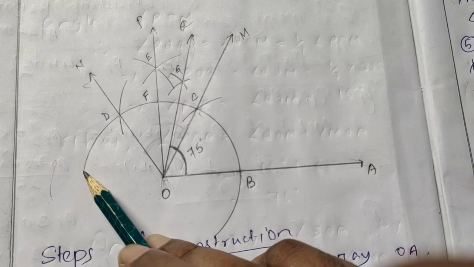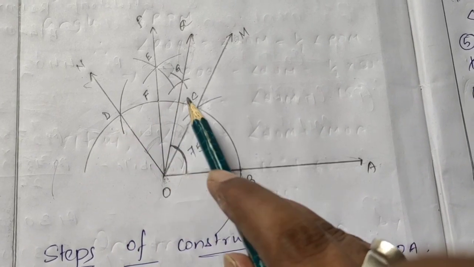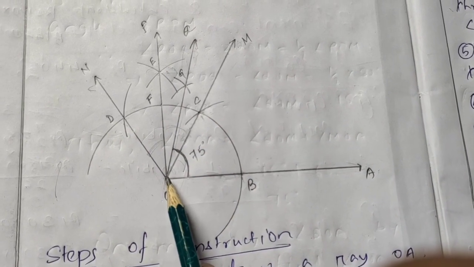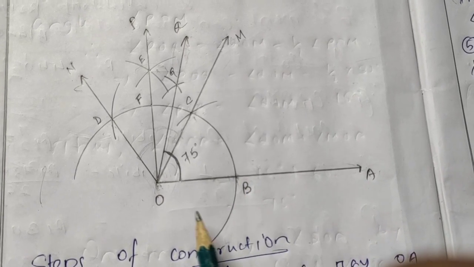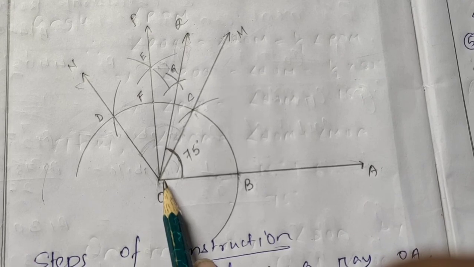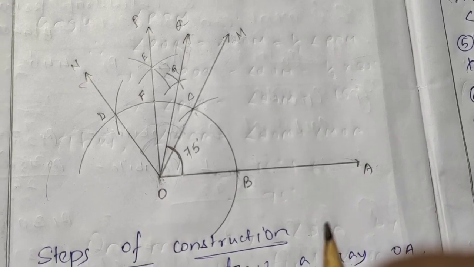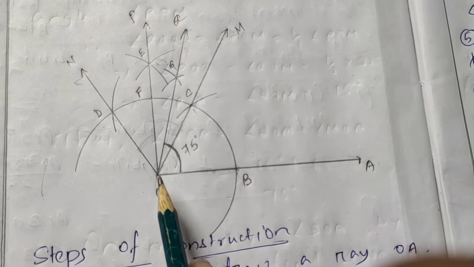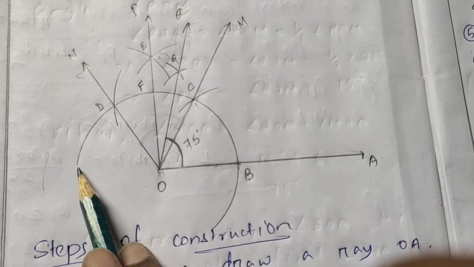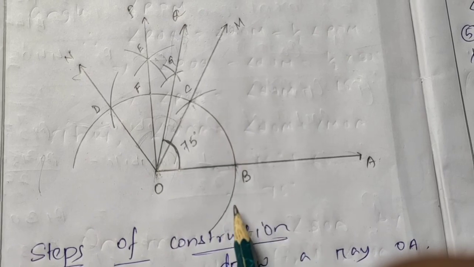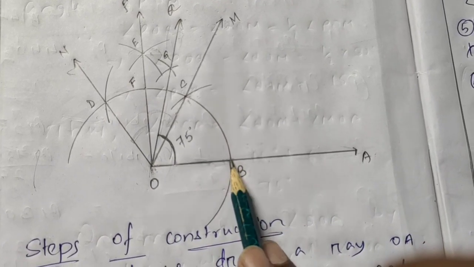And that arc will cut the ray OA at the point B. So first you draw a ray OA, and second you take the point O as center and draw an arc of any radius. That arc will cut the ray OA at the point B.